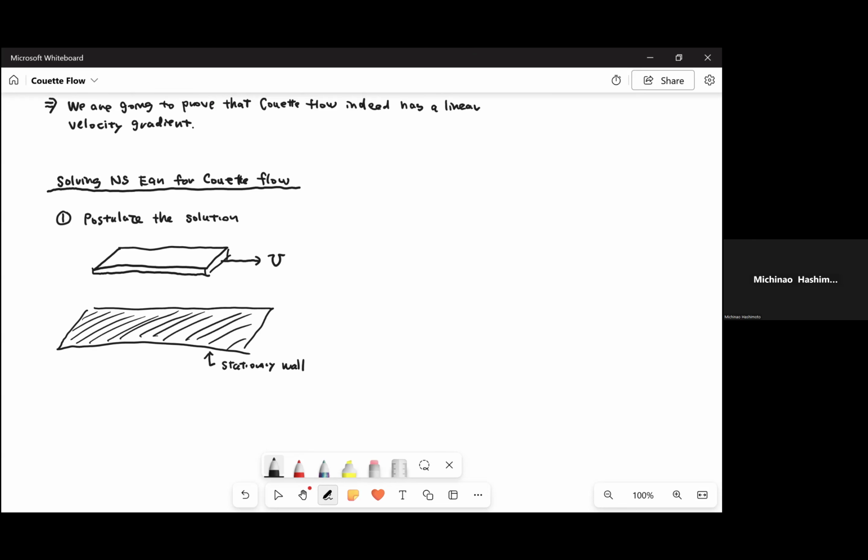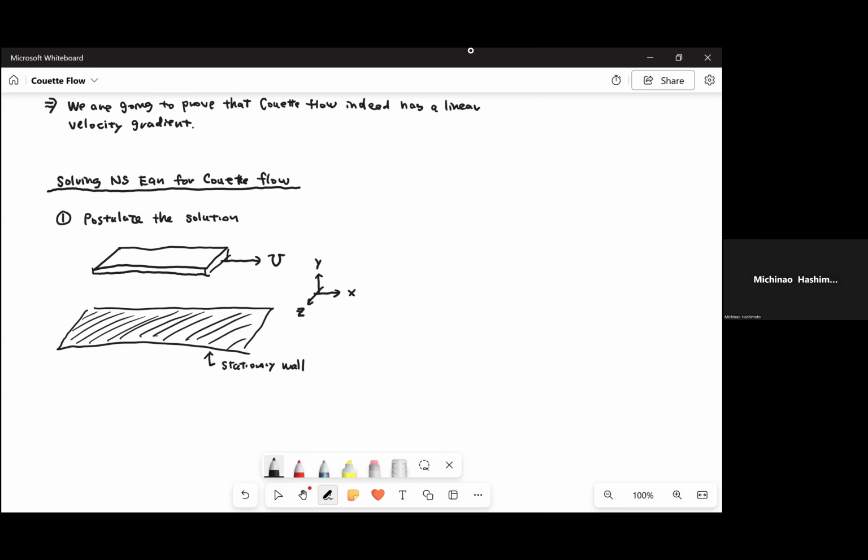To do this kind of thing, we always consider the coordinates. We set the direction of the wall as x, the direction of the vertical distance between the walls as y, and z towards out of the page.